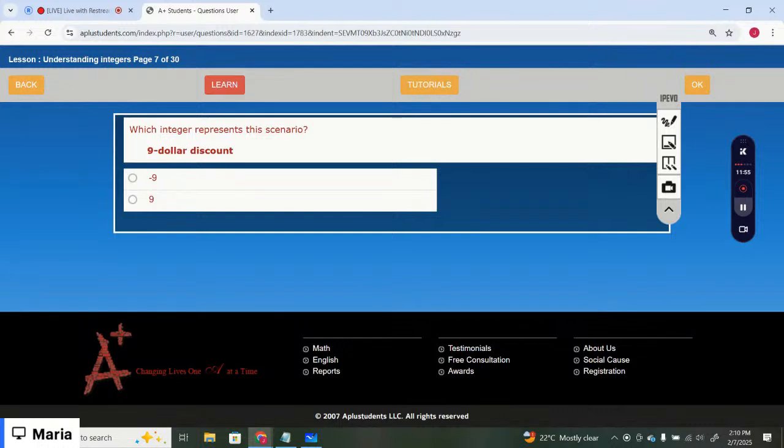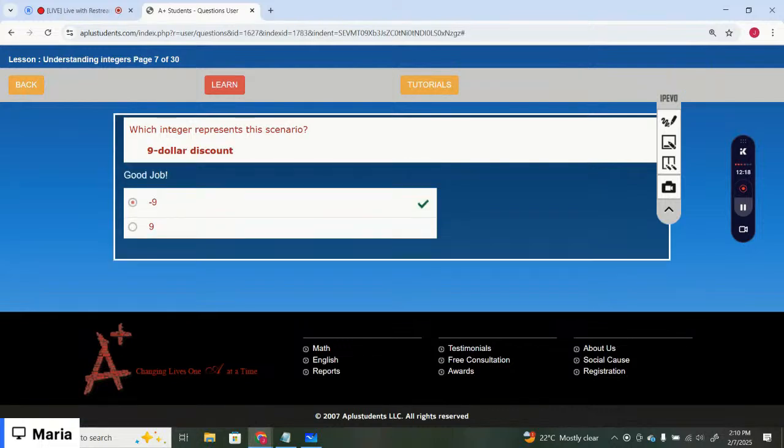Which integer represents the scenario? $9 discount. That is a discount, it would be negative 9. Option number 1 is the correct option.